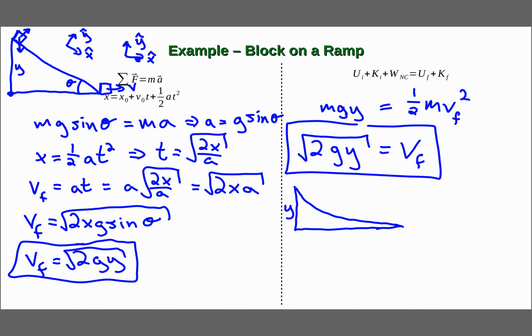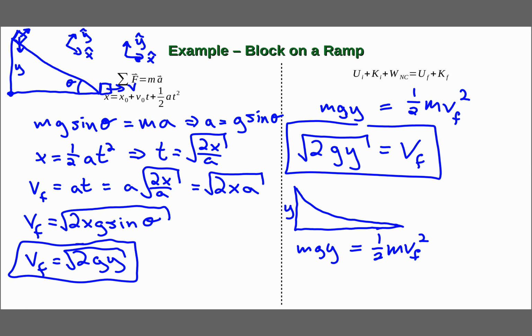And in fact, in this tool, it's the same exact problem. At the top of the ramp, we have mgy. We don't have kinetic energy if we start from rest. This is frictionless, so we have no non-conservative forces. And at the bottom of the ramp, our potential energy is 0 again, and we have kinetic energy again.